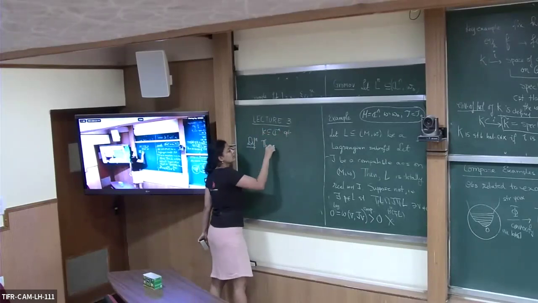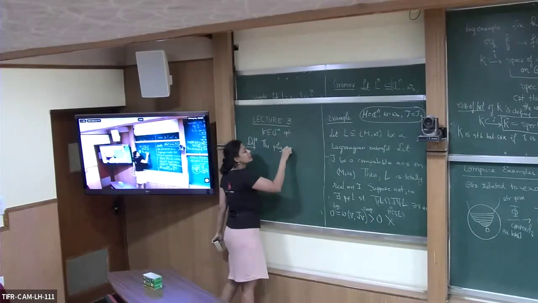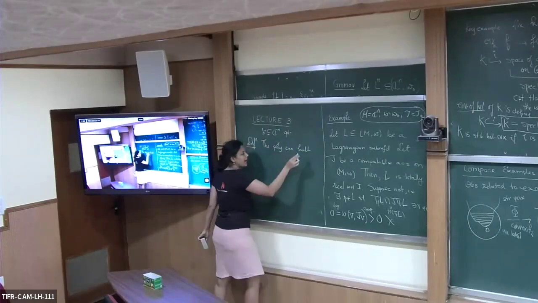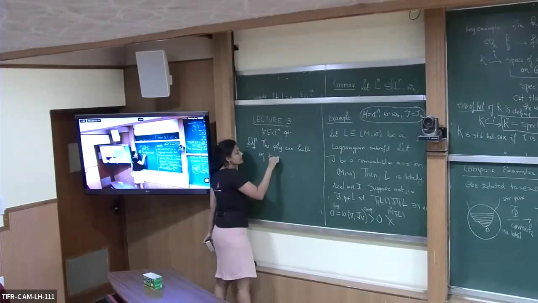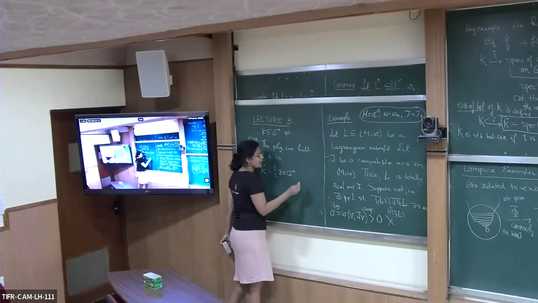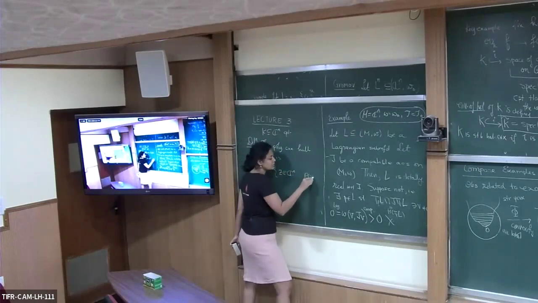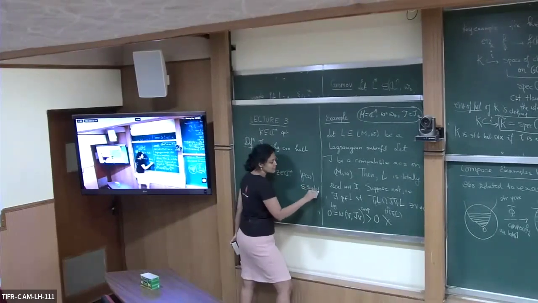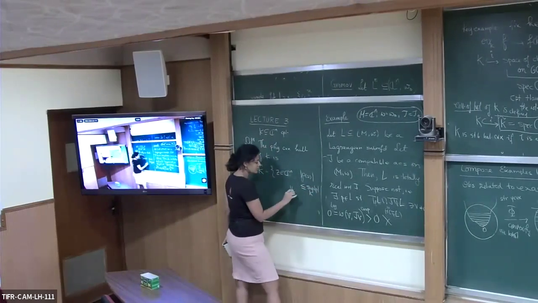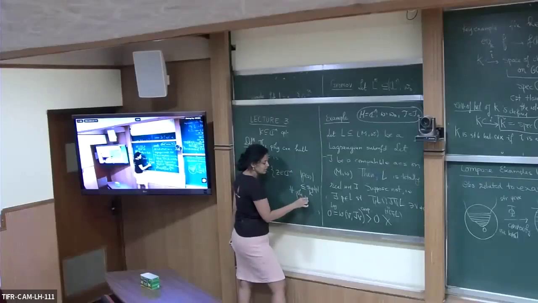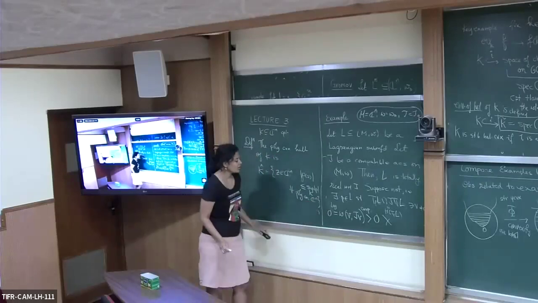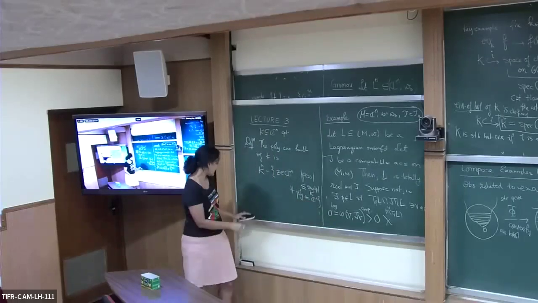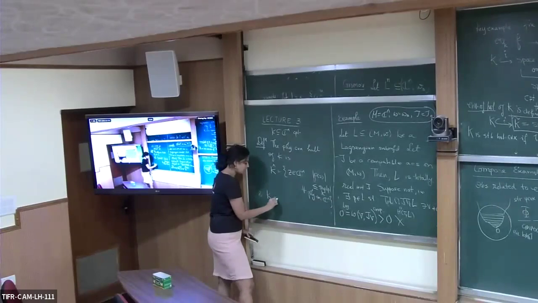The polynomially convex hull K hat of K is the set K hat given by all the points in Cn where, if you evaluate the absolute value of any polynomial, it cannot exceed the supremum of absolute P on capital K. This is true for all polynomials on Cn.